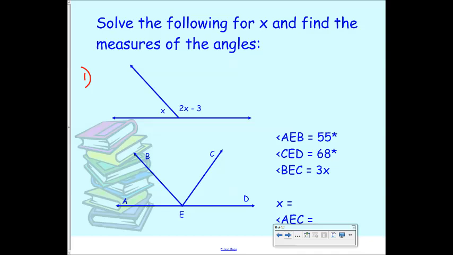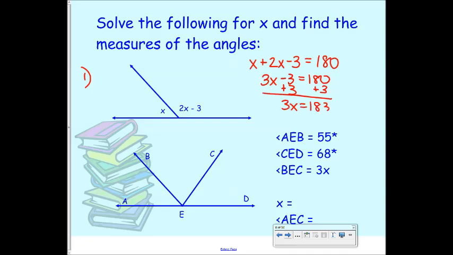X plus 2x minus 3 equals 180. So then how would I simplify? Combine the x's, which gives me 3x. And now what could I do? Plus 3 on both sides. I'm ready to solve. So then 3x equals 183. So then how do I finish? And x equals 61.